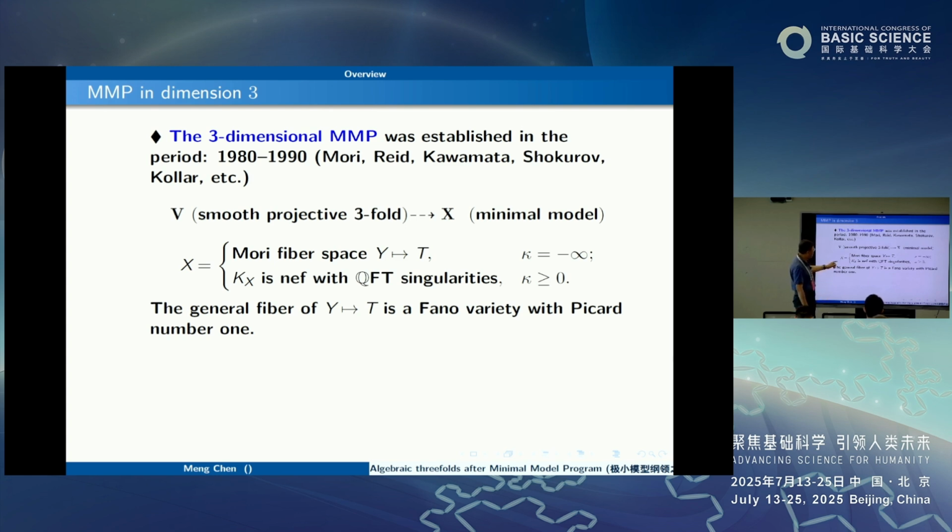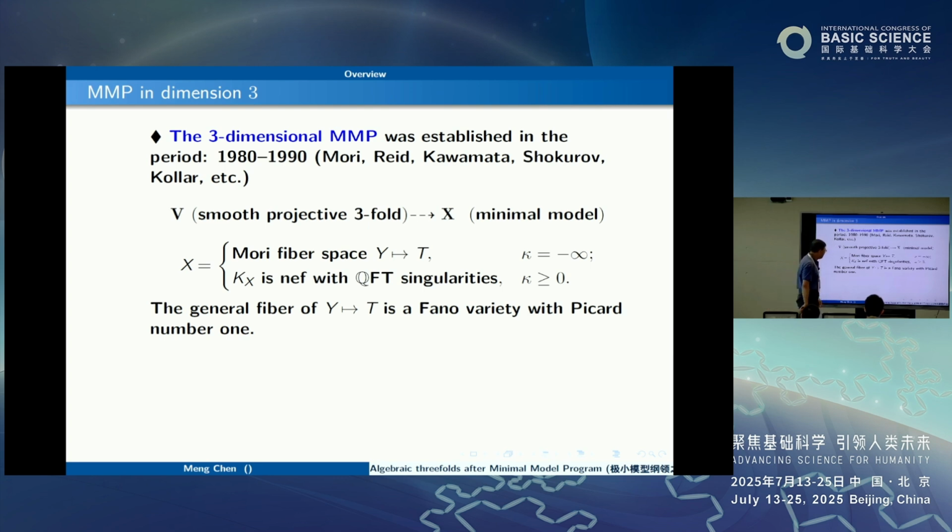Otherwise, the minimal model means K_X is nef. In algebraic geometry, this means numerically effective, or in some analytic sense semi-positive. In other words, in intersection theory, this divisor intersects any curve in a non-negative number.